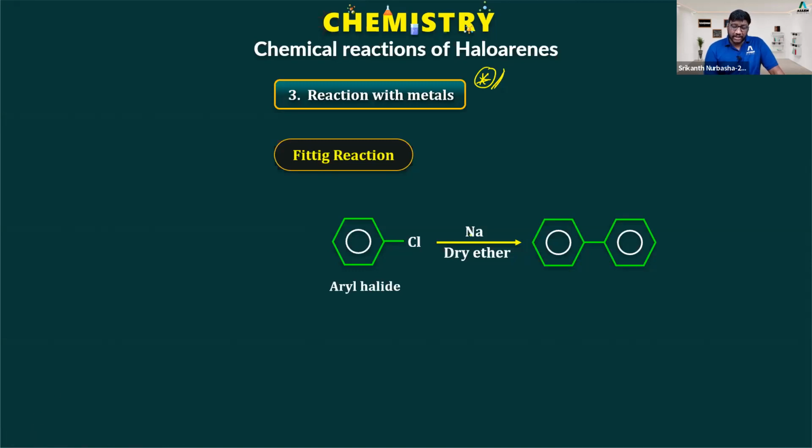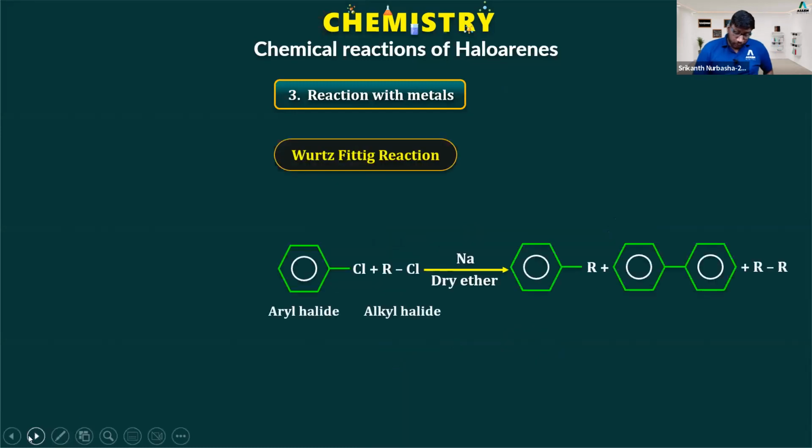to form substituted benzene derivatives, alkyl substituted benzenes. Aryl halides treated with sodium in the presence of dry ether will form the respective biphenyl system, and the proposed mechanism is again a free radical path. In the Wurtz-Fittig reaction, you can take an aryl halide and an alkyl halide and treat with sodium in the presence of dry ether.